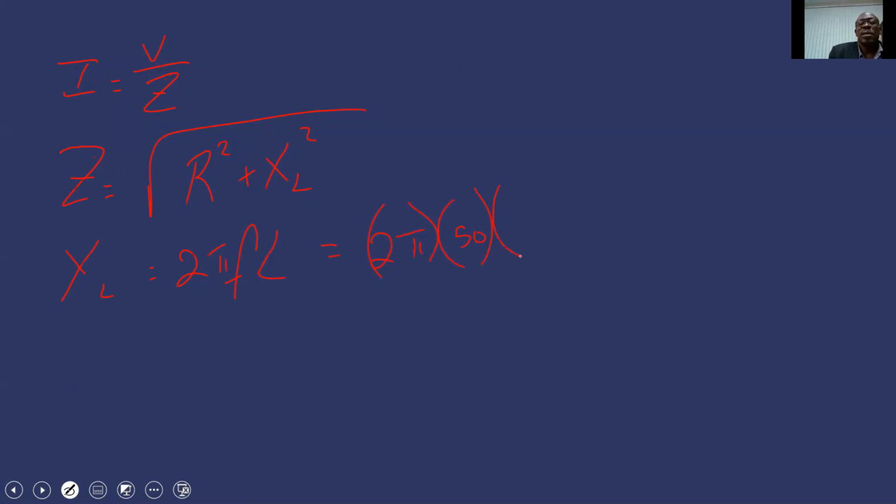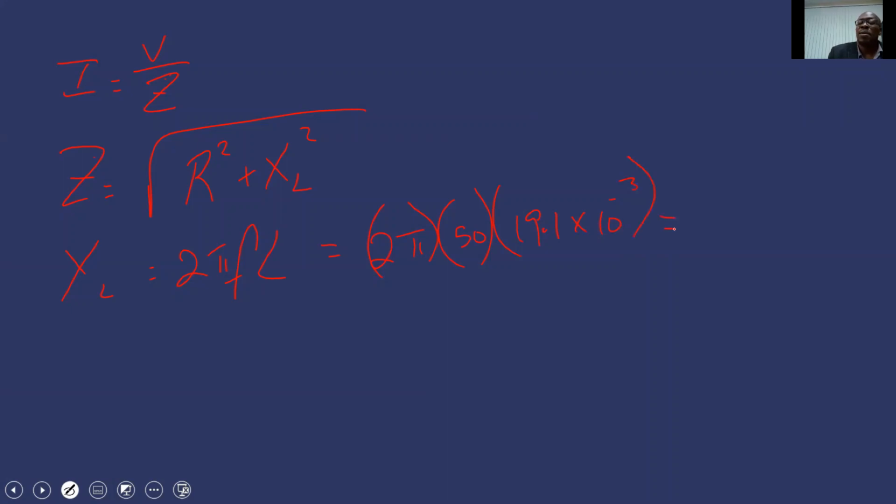So we need to determine the current, which is given by V over Z. But of course, Z is equal to the square root of R squared plus XL squared. And XL is equal to 2 pi FL, which for this example is 2 pi times 50 times 19.1 times 10 to the minus 3.